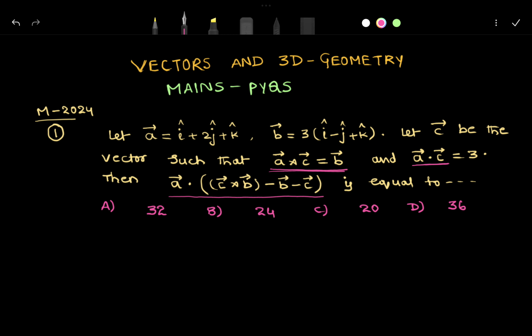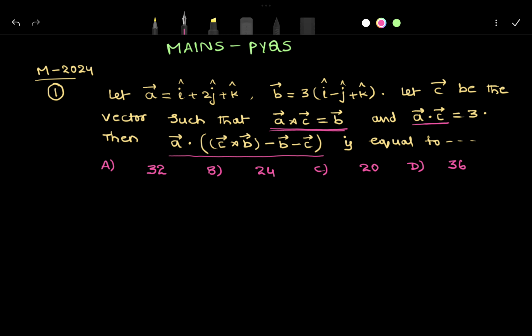So the given expression is a bar dot (c bar cross b bar minus b bar minus c bar).